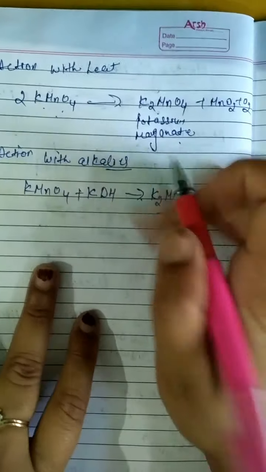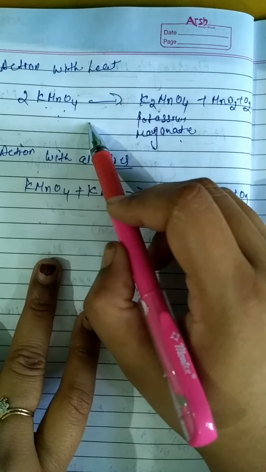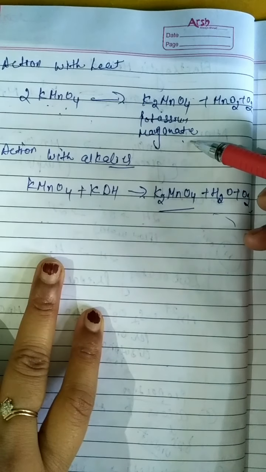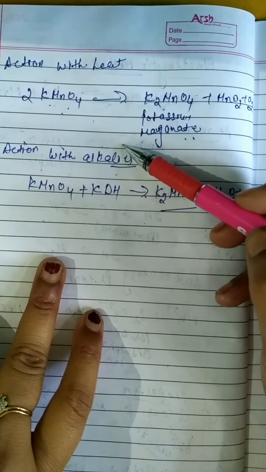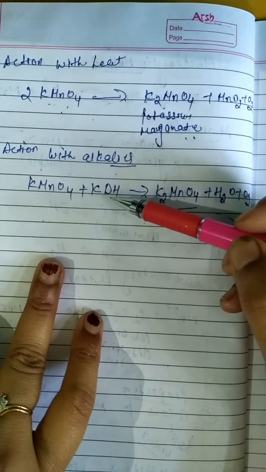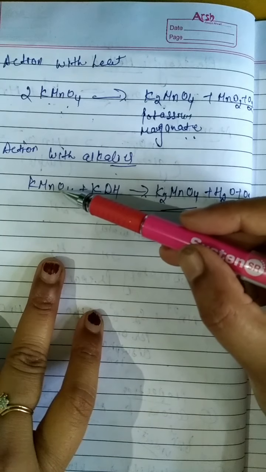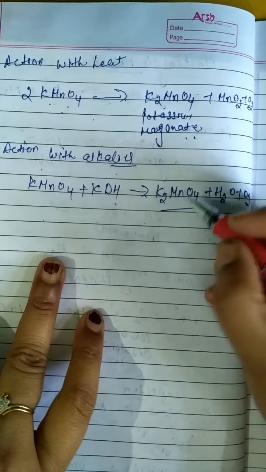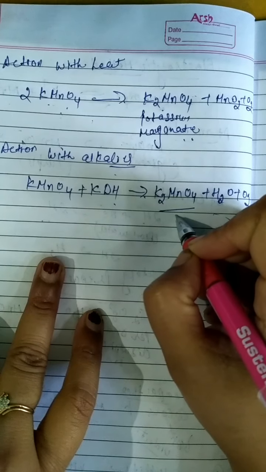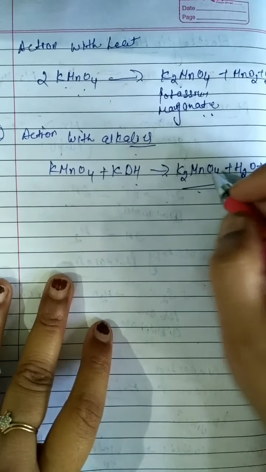Next, action with heat: when potassium permanganate is heated, it is converted into potassium manganate. And action with alkali means with the base: when potassium permanganate reacts with potassium hydroxide, it is converted into potassium manganate.